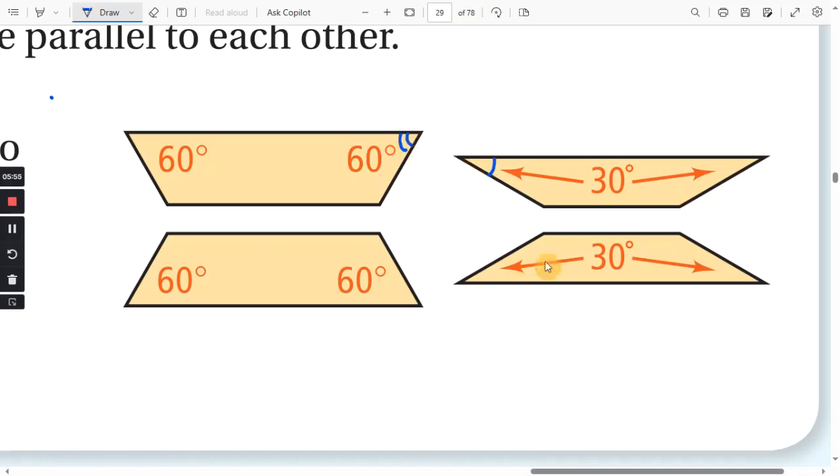And this part right here would have to match with this 60-degree angle here. So if we added these two, 60 and 30, that'd be 90. If we added this and this, that would be 90. Also, we can take this one and put it on the other side. So this piece here, it would fit like so.